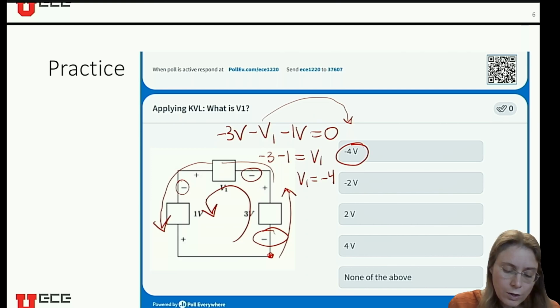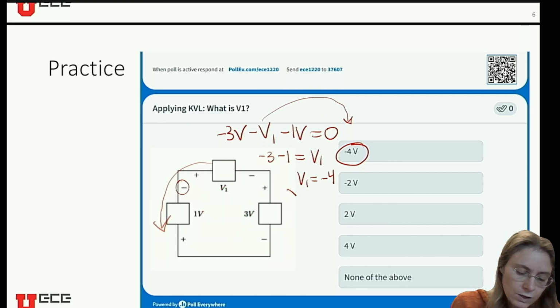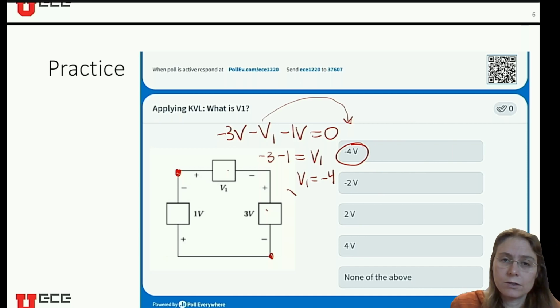So another way that people sometimes look at this is they kind of combine things in series. So I could, for example, say that these 2 devices in series are in parallel with the 1 volt source over here.